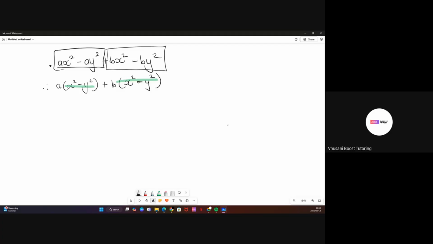And then the remaining that's on the outside, you can also group together. So we have x squared minus y squared, and then the other bracket is what we have remaining on the outside, which is a plus b. So you can do it any way. It's fine. It's going to lead you to the same answer. Whatever way you're comfortable with, just please use that method.